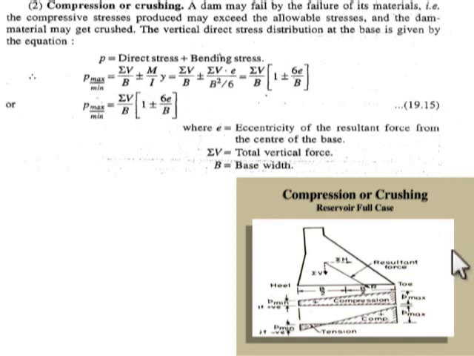This is the shear force diagram. Here is the summation of total vertical force and the horizontal force, and this is the resultant. If the resultant force is towards the toe side, failure will occur on this side. If the resultant is on the heel side, failure will occur on the heel side. It means shear stress will become maximum at the heel side.